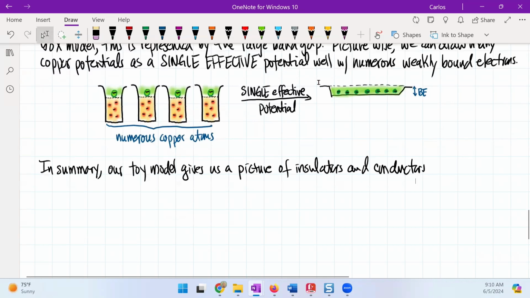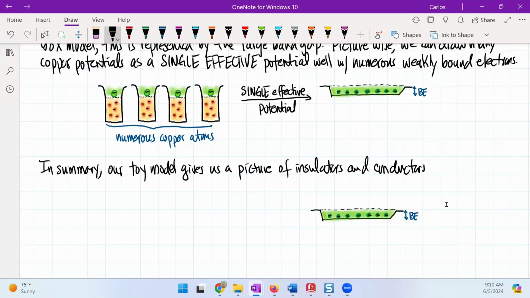So if I look at this here, I'm going to say that this guy right here is going to be our conductor right here. We have lots of weakly bound electrons, and the fact that I have a single effective potential tells me that that represents the large band gap, and then they have small binding energies.